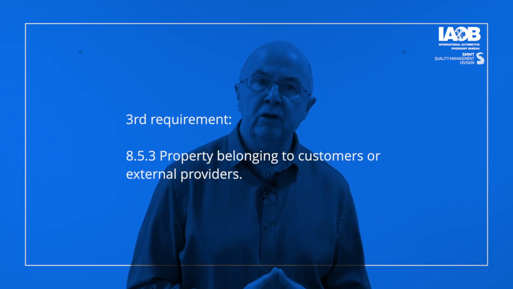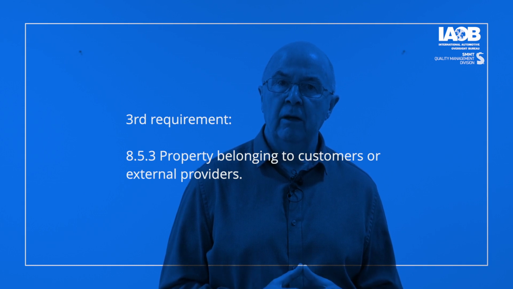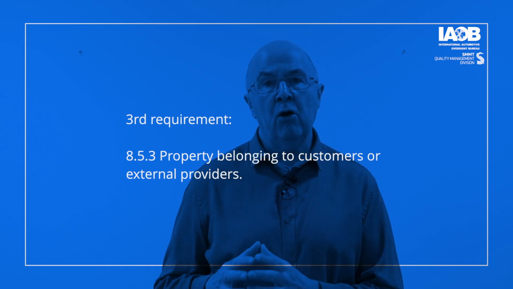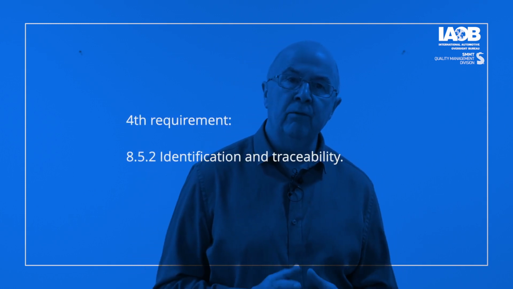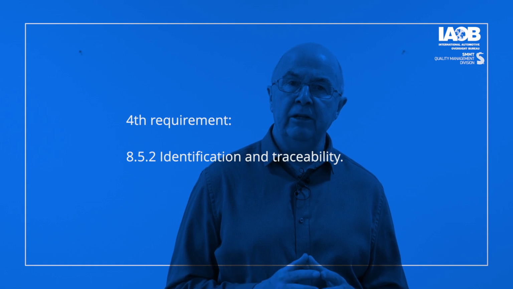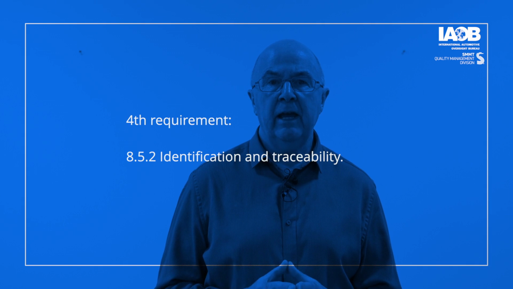IATF requirement 8.5.3 talks about how an organisation should manage and control property that is owned by the customer or any external providers. And then finally, requirement 8.5.2 talks about product identification and traceability.